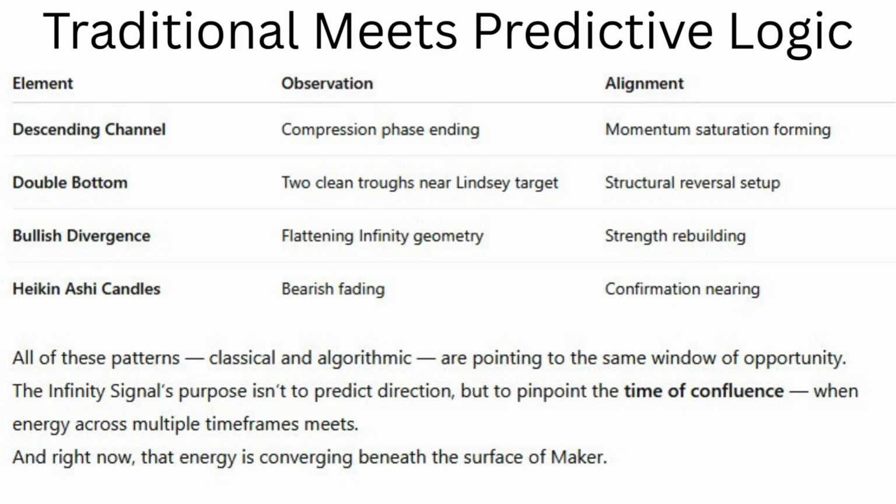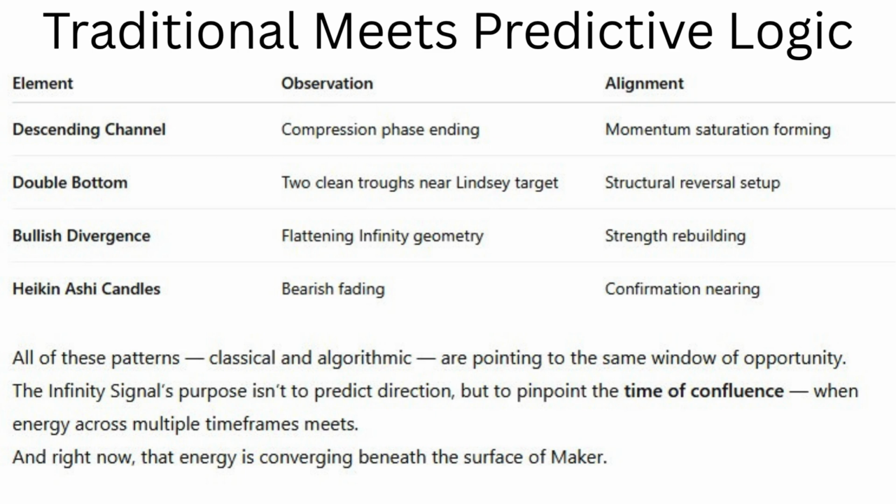The descending channel shows compression, while the infinity signal identifies it as momentum saturation. The double bottom matches the Lindsey target zone, forming a structural reversal setup. Bullish divergence on the chart mirrors the flattening infinity geometry, and those bearish Heikin Ashi candles confirm that bearish energy is fading.